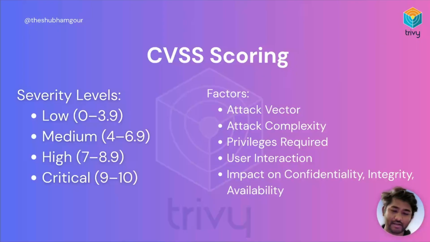First is attack vector. Second is attack complexity. Third is privileges required, like what sort of privileges are required. Fourth is user interaction, whether it is a behavioral change or when a user does a specific action, and based on that it does the scoring. And the last is impact on CIA, that is confidentiality, integrity, and availability.